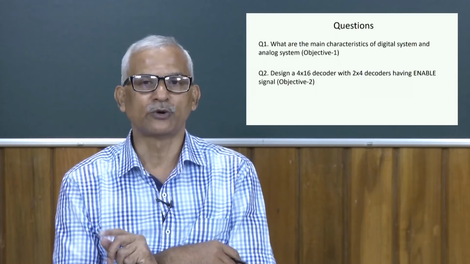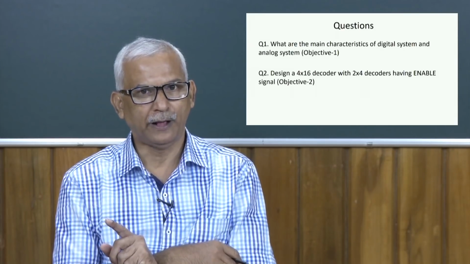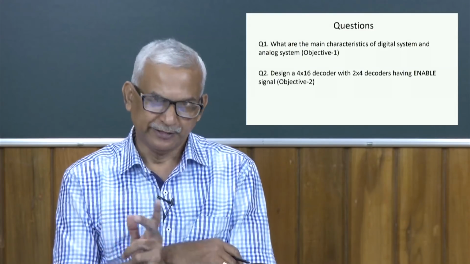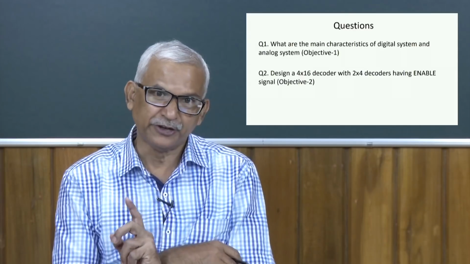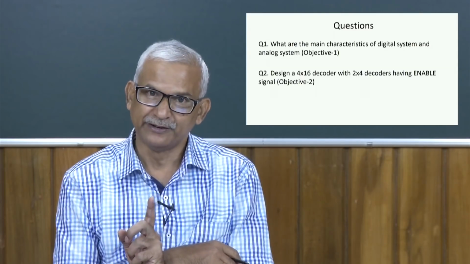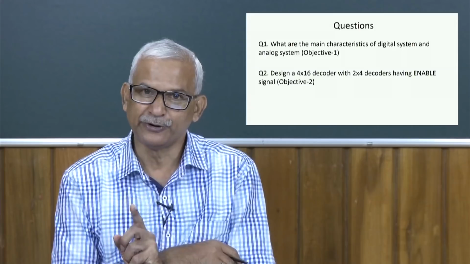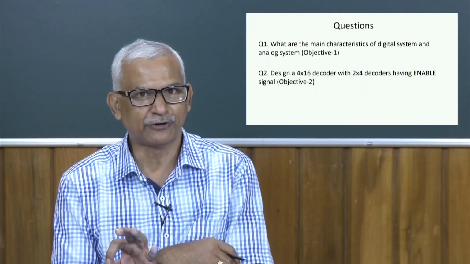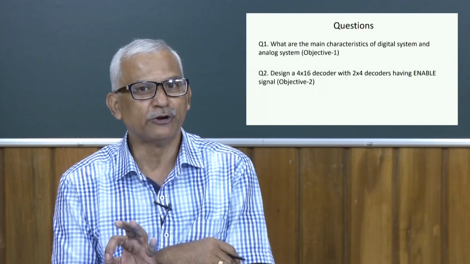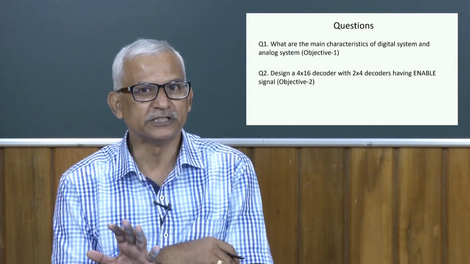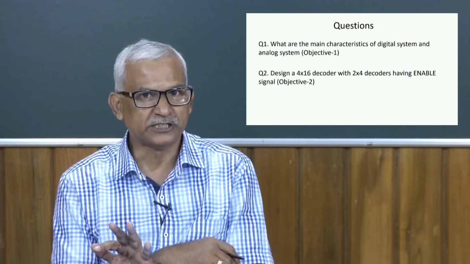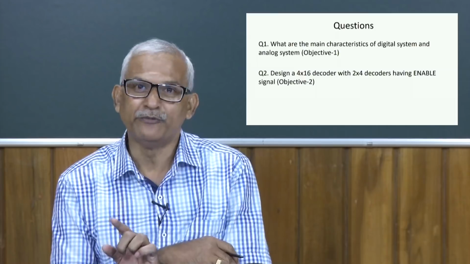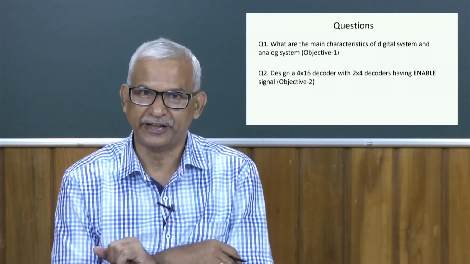Now, we are asking to construct a 4 by 16 decoder with the help of 2 by 4 decoders. First think about how many decoders will be needed to construct this one. If you get the right number, then drawing the diagram is very simple. So, you have to find out how many 2 by 4 decoders will be needed for 4 by 16. 4 fours are 16, but I can tell you that it is not 4 2 by 4 decoders. This is not the correct answer.